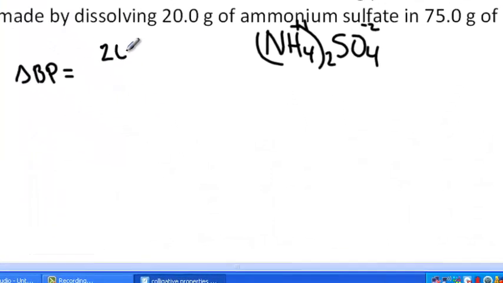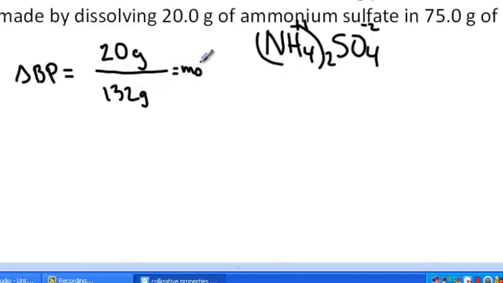We have 20 grams of our solute, NH4 taken twice. Let's see, 14 times 2 on the ends, plus 8 for the H's, 32 for the sulfurs, 16 times 4 on the oxygens. I got a molar mass of 132 grams.